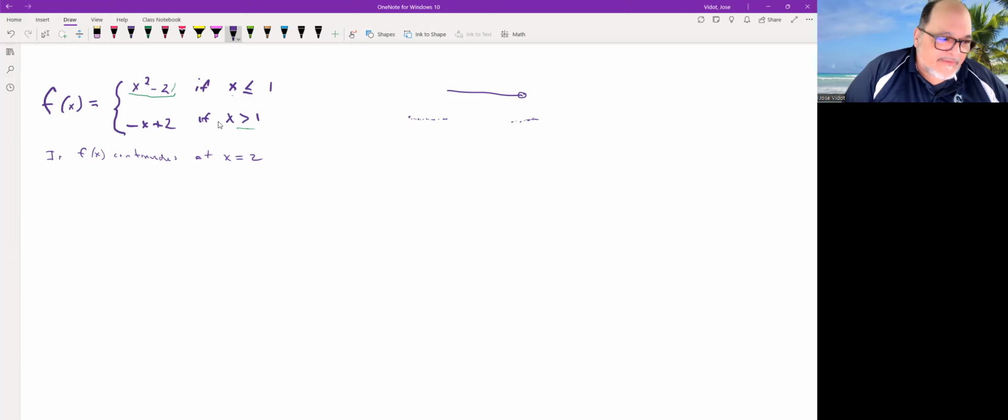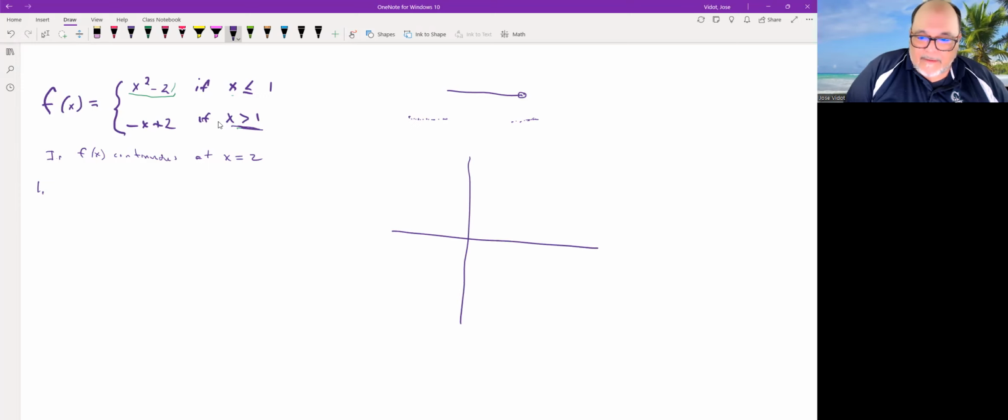So the first step is item number 1. If we were going to do 2, we'd be using this one because we're going to be on the right side. Again, looking at the function, here is 1, here is 2. If we want to evaluate the function at 2, on the right side of 1, we're using negative x plus 2.